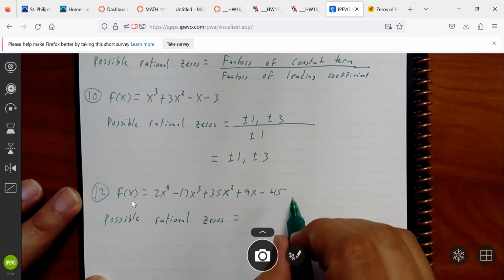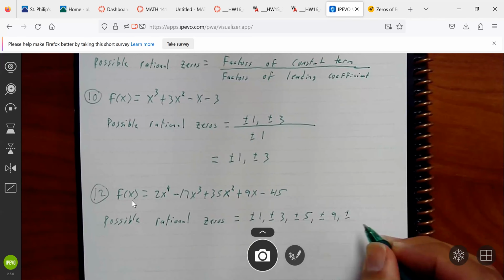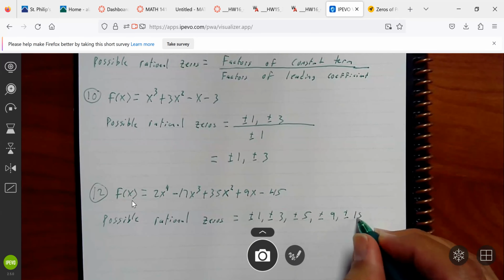So that'll be what? Plus or minus 1, plus or minus 3, plus or minus 5, plus or minus, what else? 9, right? Plus or minus 15.